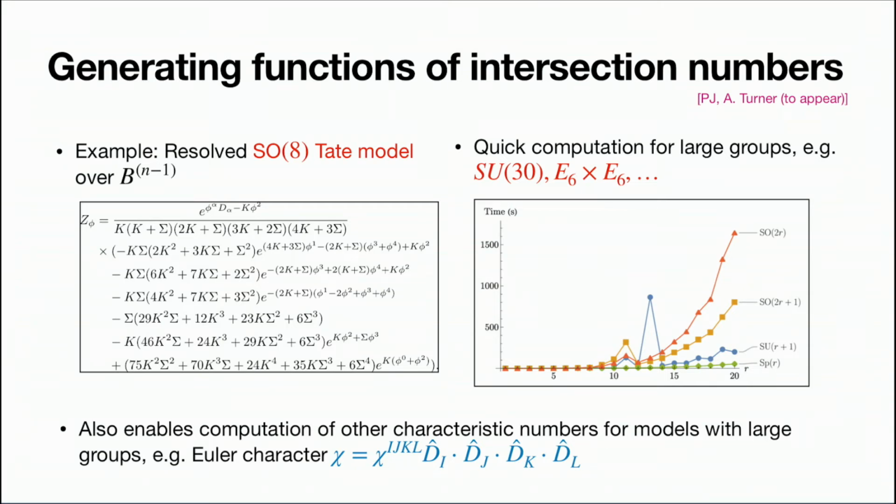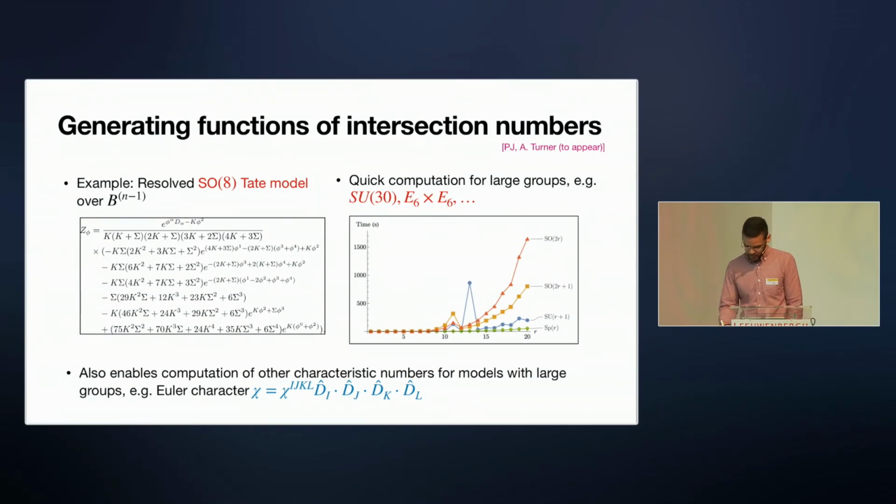And so here, working on my collaborator's laptop, we have a package that we're going to release and hopefully people will use, and the package can be used even on a home laptop to compute this generating function for models with gauge groups of rather large rank in a very short amount of time. So this is a big boost, as far as I'm aware, in the computational power that's available.